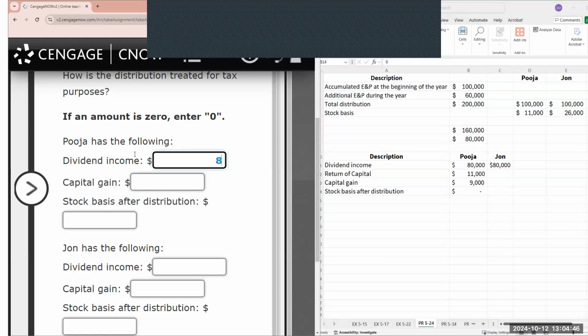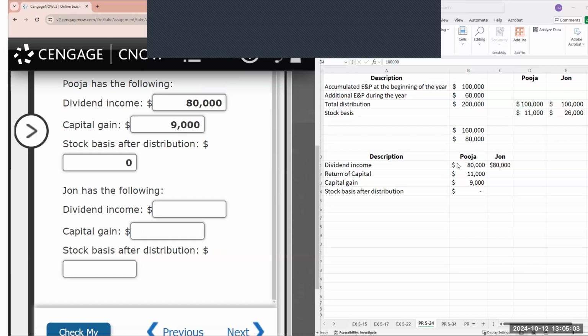So for Pooja, dividend income of 80,000. The total distribution was 100,000. Therefore, there was a return of capital of 11,000, so the stock basis is now 0, and the excess $9,000 is treated as a capital gain.